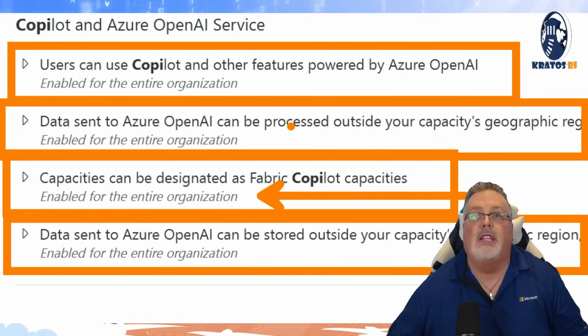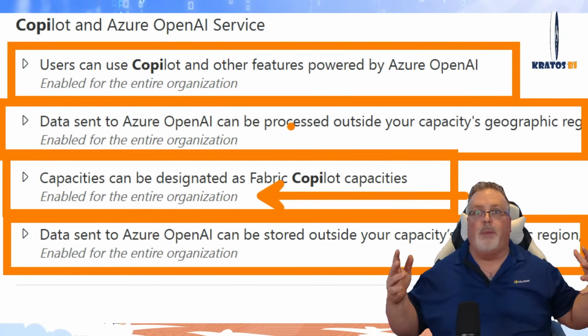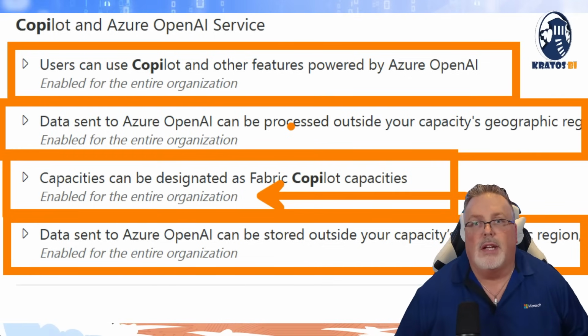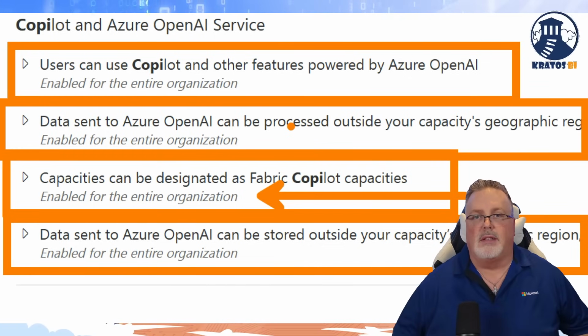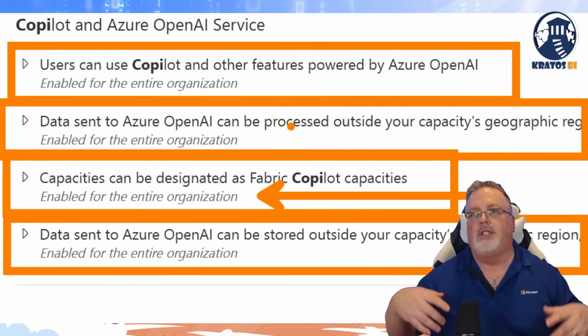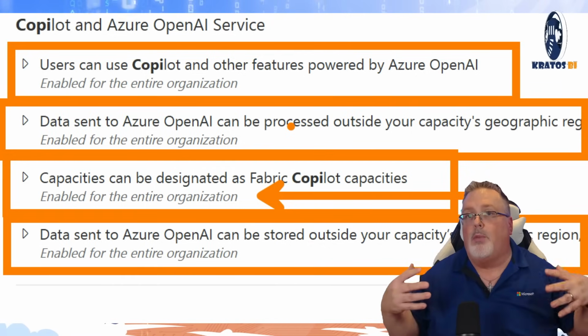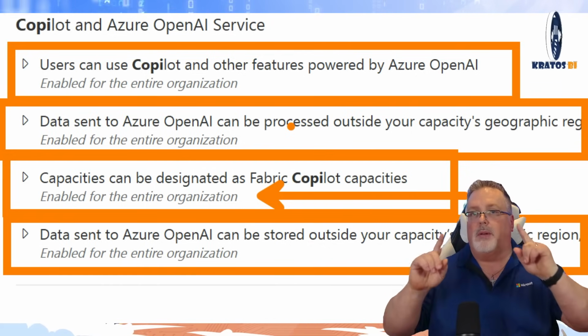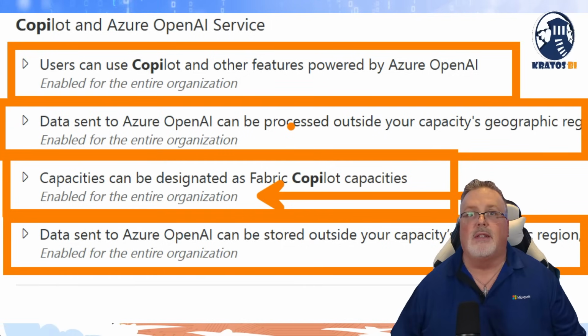But the big challenge people have is, well, what if people go hog wild and ask for stupid stuff in Copilot to chew through a whole bunch of data? I'm worried that they're going to consume all of my Fabric capacity. Here, this is the big deal, okay?